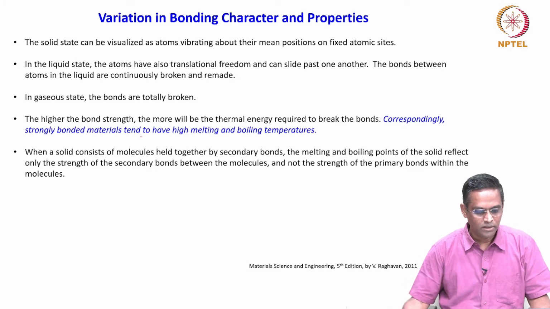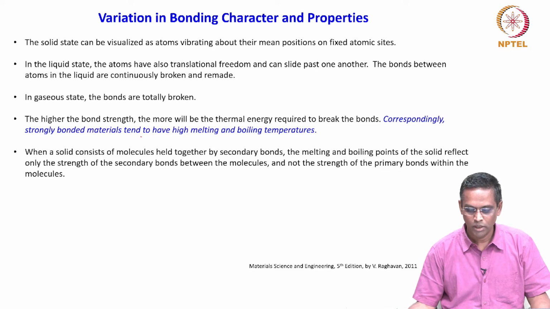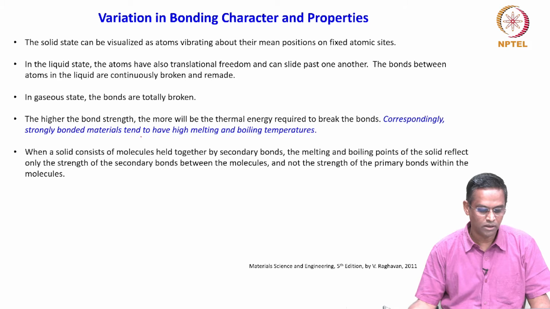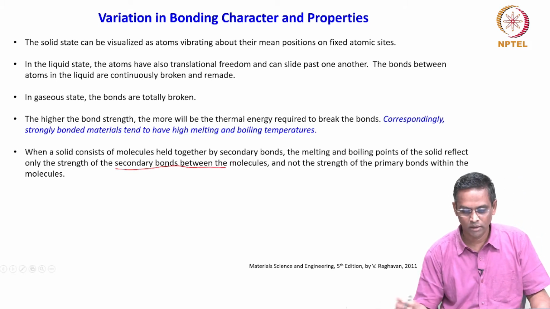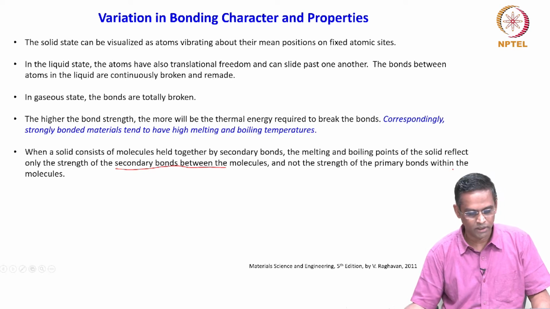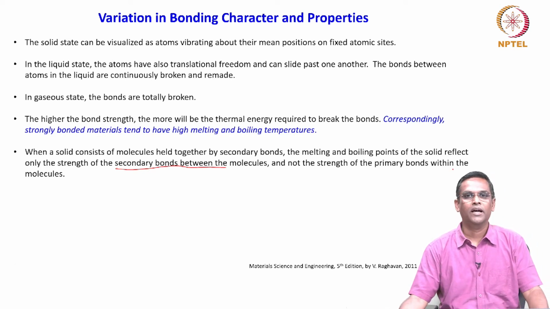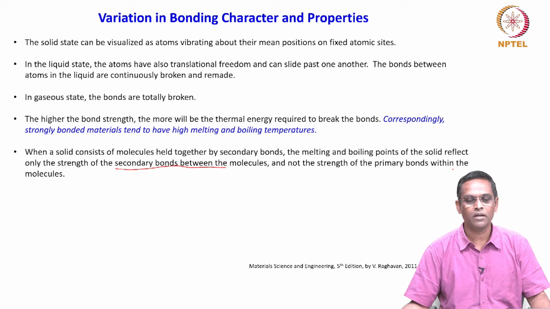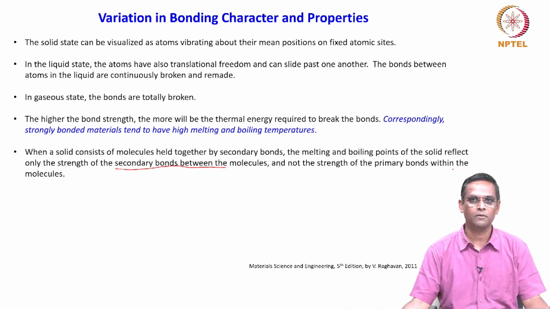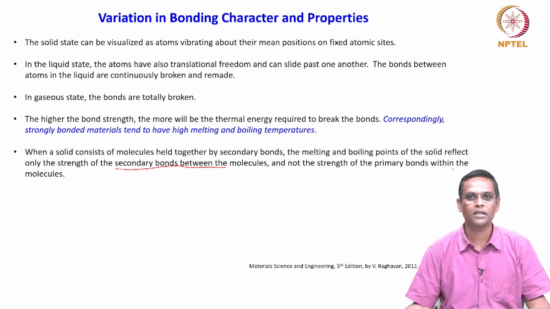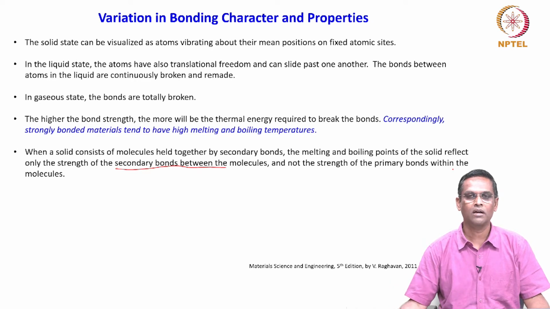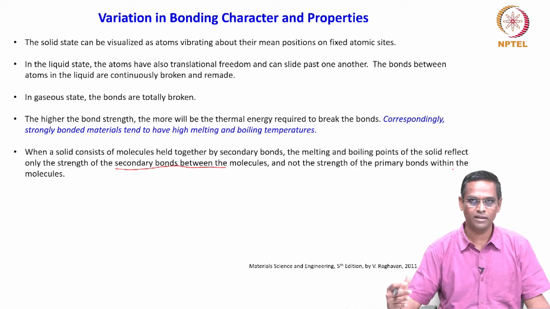So, when a solid consists of molecules held together by secondary bonds, the melting and boiling points reflect only the strength of the secondary bonds between the molecules and not the strength of primary bonds within the molecules. As we move along, we will see the external force, in this case boiling point, a thermal energy, or even when we say force, a mechanical energy.